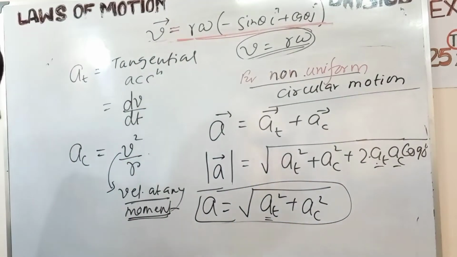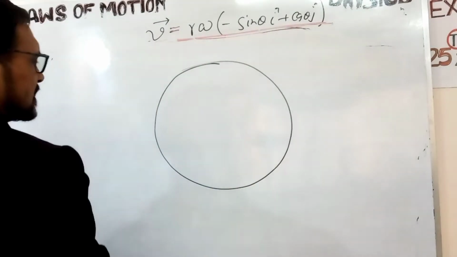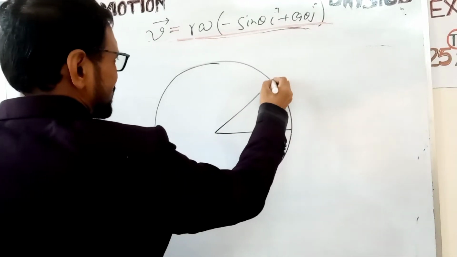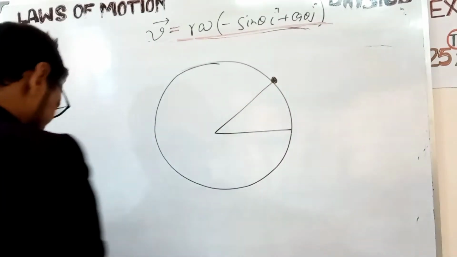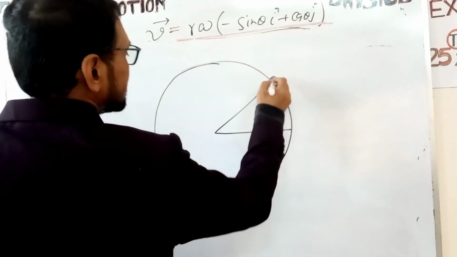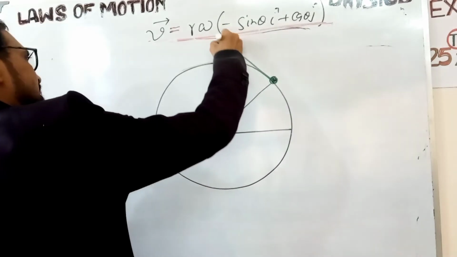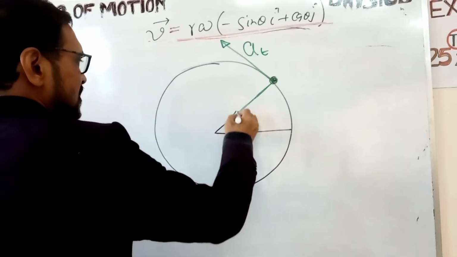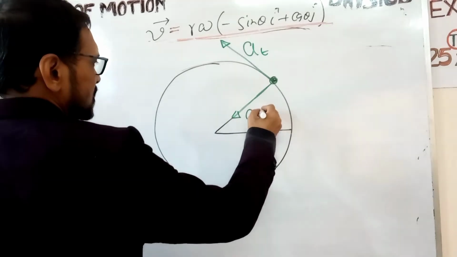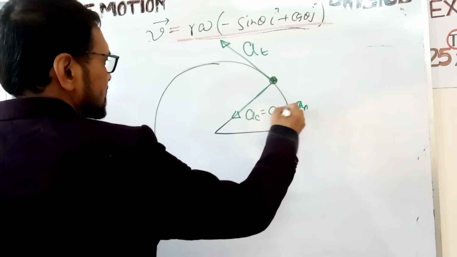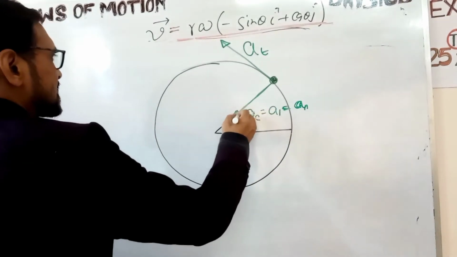Now what is the picture of this in a circular path? The particle is here, the particle is here. Now AT is along this direction and AC, the centripetal, or radial or normal, is in this direction.